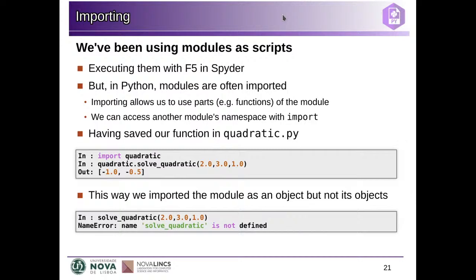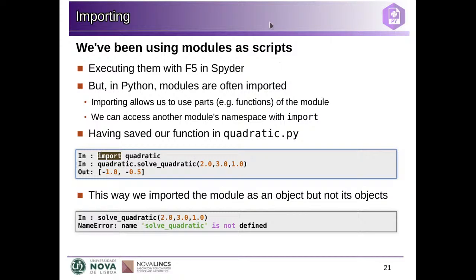Sometimes you may want to bring functions or other kinds of objects that you created in different modules. In that case, you can use this import statement to bring into your own namespace the names that are defined in other modules, in other Python files.